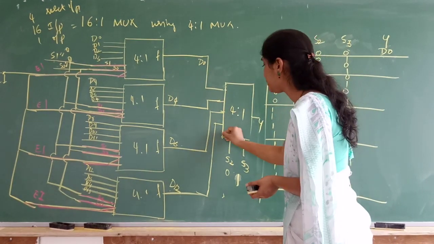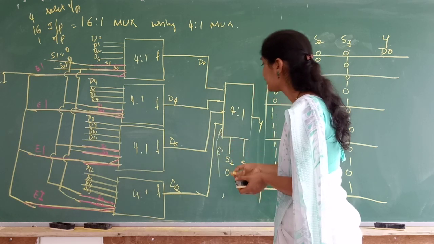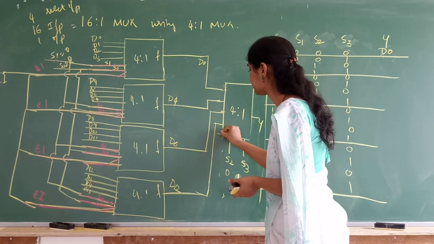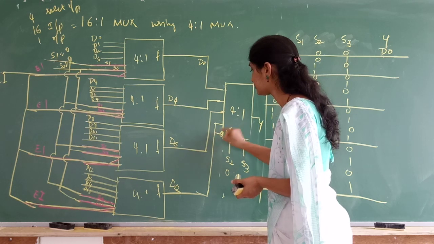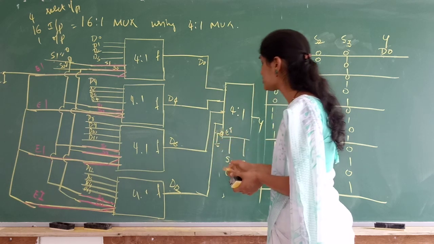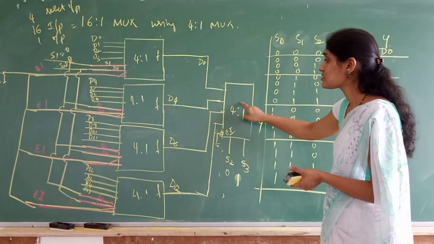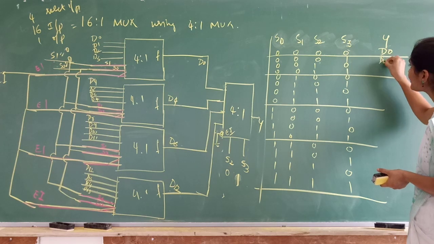I will write the enable input here. This will be connected to ground. So now 0, 1, second. So what is our output now? D4. So for the second case, output is D4.